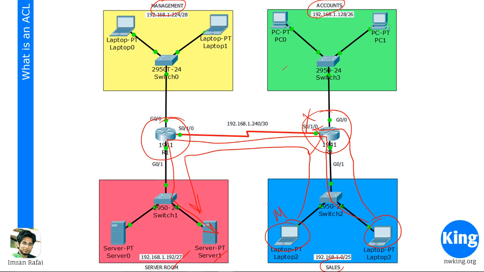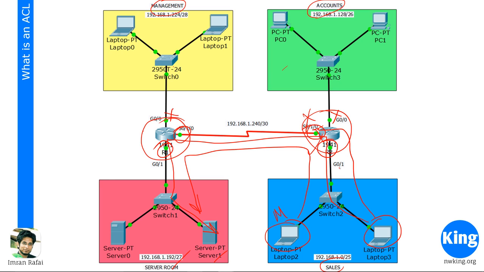This is the data flow. We see that the packet is going through this interface, coming out of this interface, again entering this interface and getting out of this interface. This interface has nothing to do with it, and this interface has nothing to do with it.